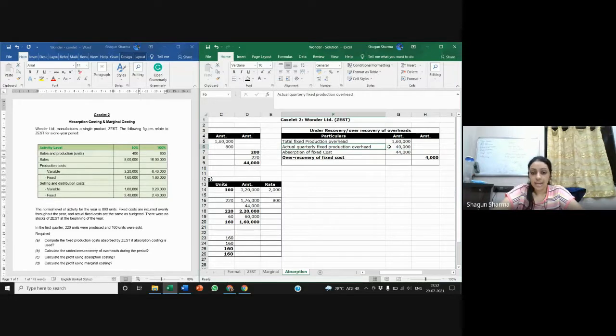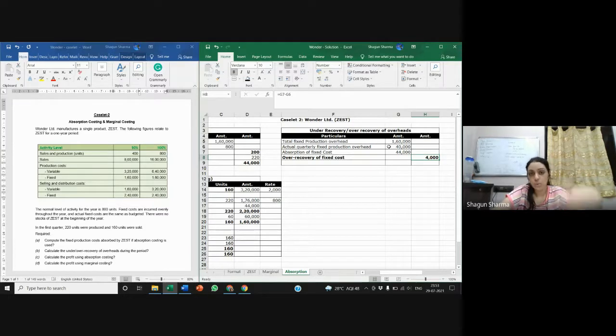But the rate that I absorbed this fixed production cost was sadly 44,000, which means that I punished my product by 4,000 rupees extra. जबकि मैंने 40,000 ही चार्ज करना चाहिए था, I charged 44,000 to it. That means I was over recovering my fixed cost by 4,000 bucks, right? So this is a case of over absorption.